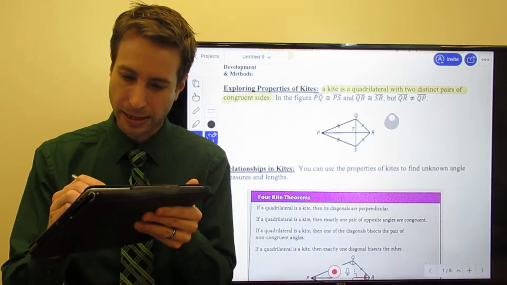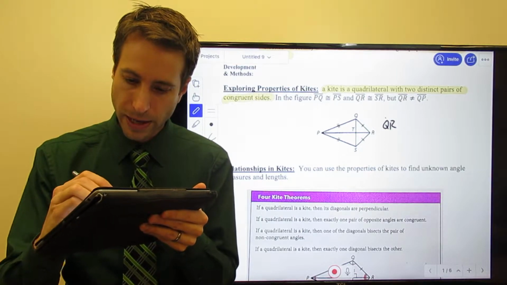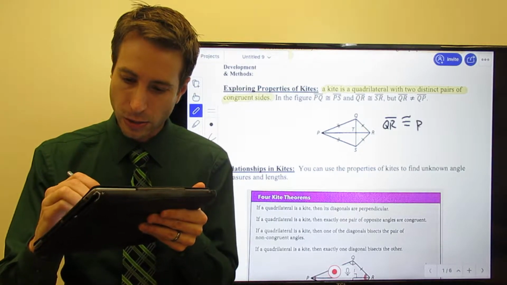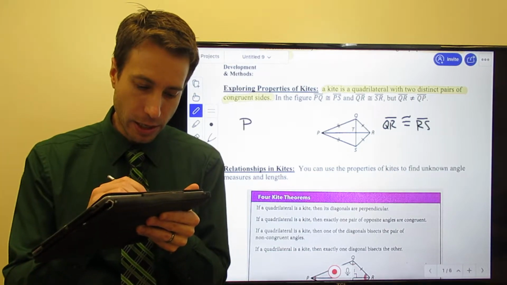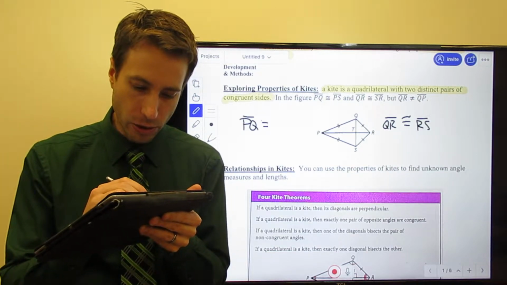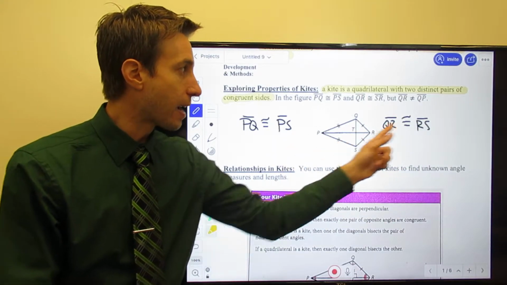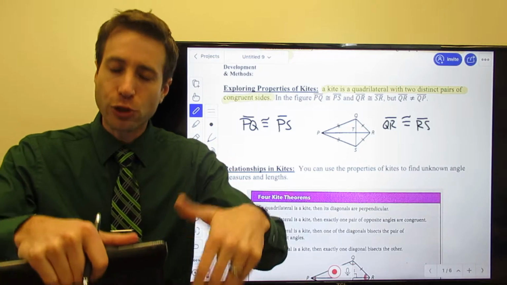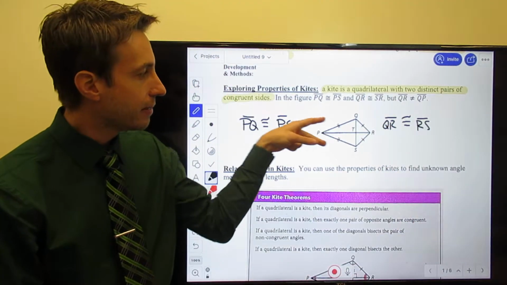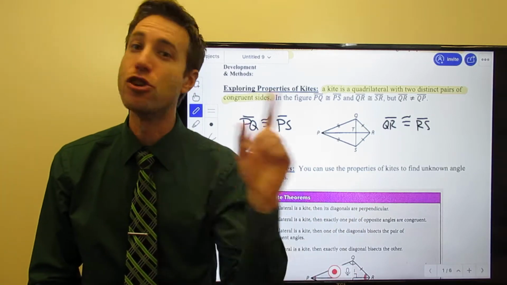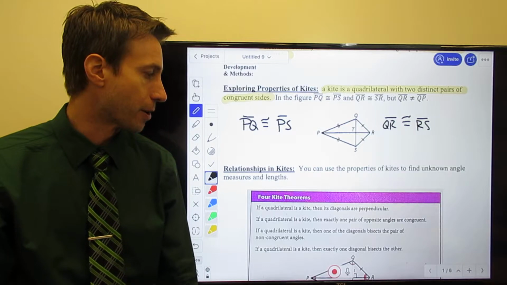And on the other side, PQ is congruent to PS. So I have two distinct pairs of congruent sides. These are congruent to each other, and these are congruent to each other, but they're not all congruent to each other, and you can clearly see that from the figure.